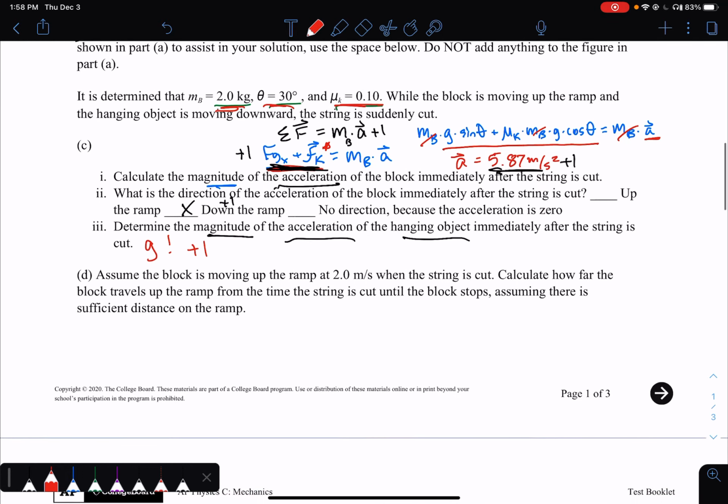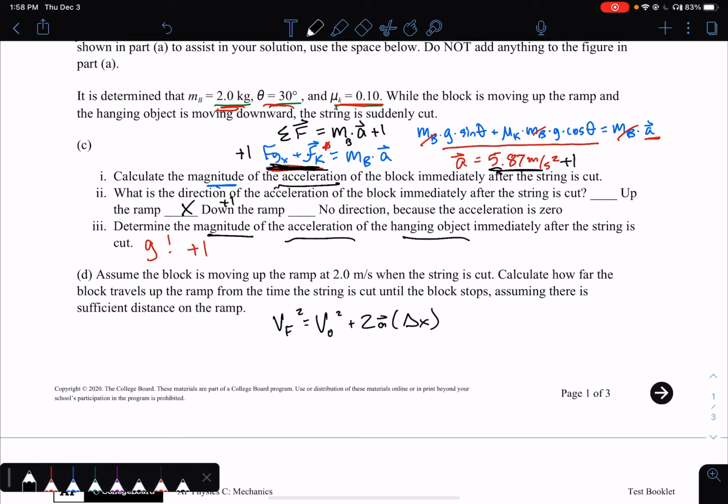And part D was back to just kinematics. Assume the block was moving up the ramp at 2 meters per second when the string is cut. How far up the ramp is it going to go? So this, you could have used V final squared is V initial squared plus 2a delta x. You know that your V final is 0.